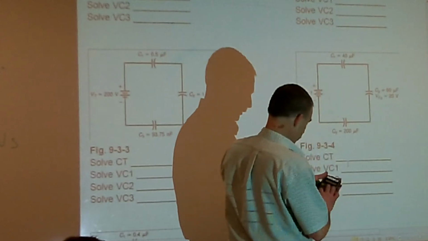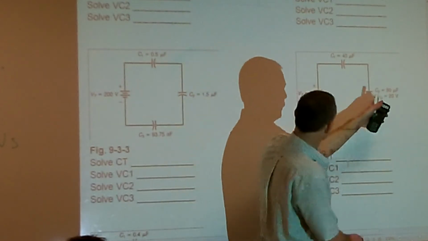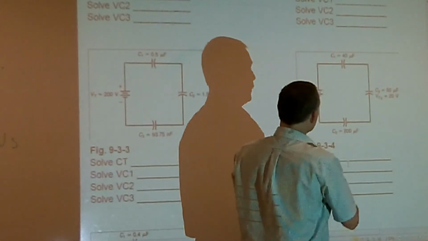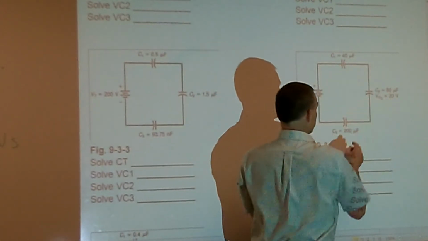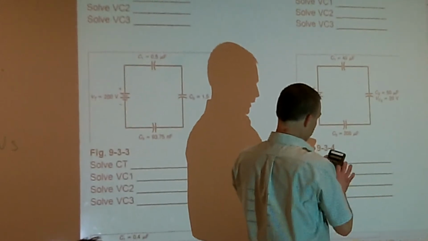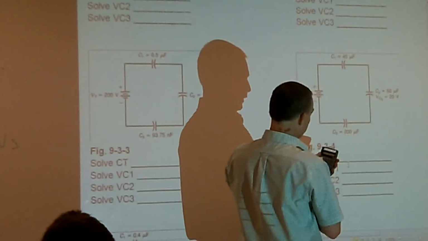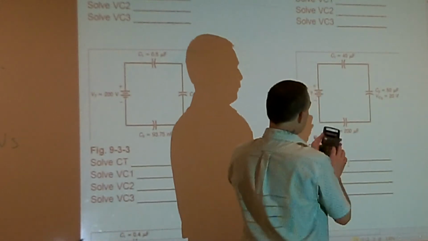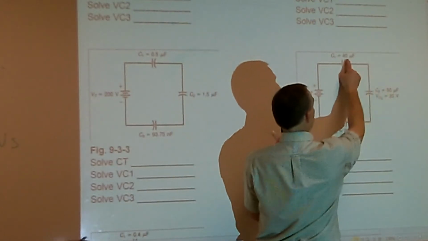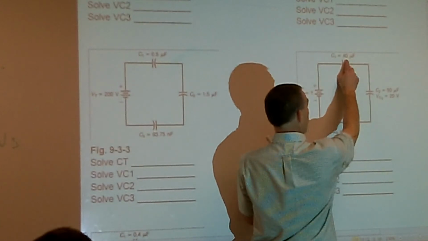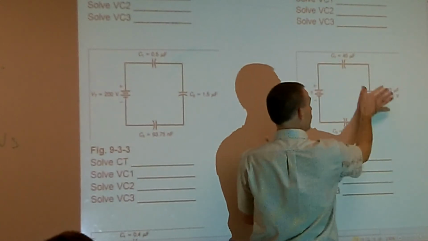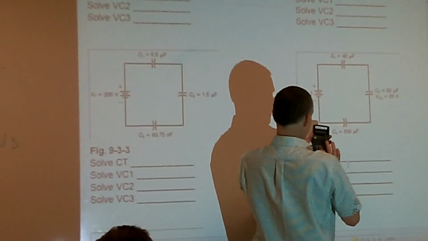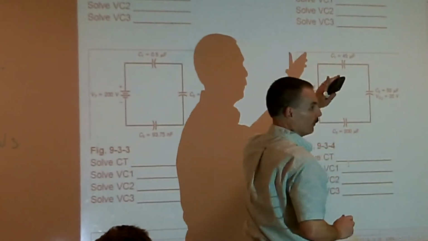So I would take my 50 divided by my 40 to get a relationship, which is 1.25. That's my ratio between those two. Then I just multiply it by 20 and I get 25 volts.